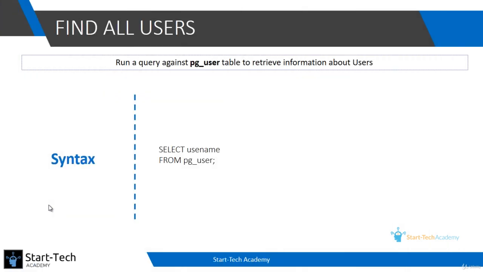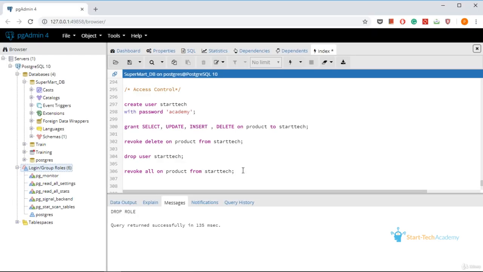Whenever we create a user, it is stored in a table called pg_user. If you want to retrieve the details of all the users in your database, you can select username from this table. So this will give you all the usernames. If you do select star from this table, it will give you all details of the users in your database. So you'll write select username. Note that it is not username alone, it is username from pg_user.